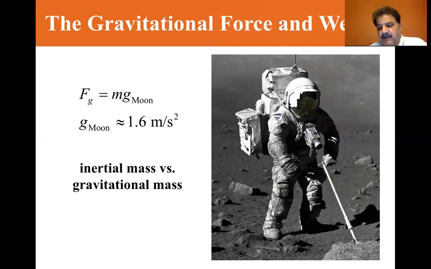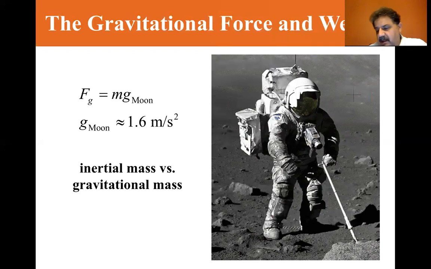The experimental conclusion in Newtonian dynamics is that gravitational mass and inertial mass have the same value. g varies from one planet to the next, so the magnitude of gravitational force, mg, varies, but the inertial mass does not. In other words, to get something moving, if it has more inertia, even though it's lighter, it won't want to move. It has more inertia.